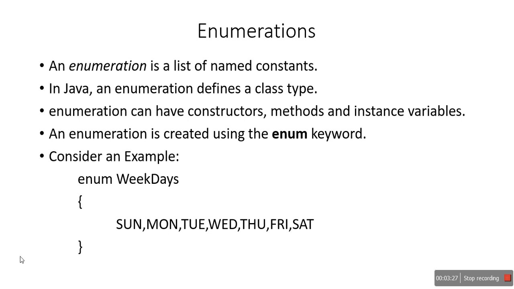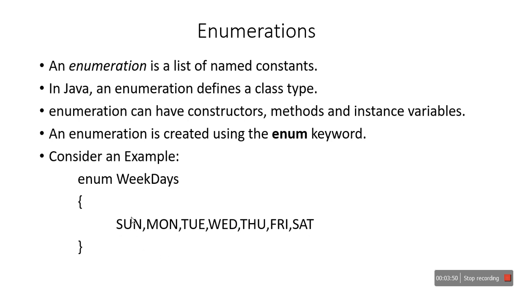Within this example, we declared weekdays as an enum type. This weekdays consists of Sunday, Monday, Tuesday, Wednesday, Thursday, Friday, Saturday, also with the short forms.